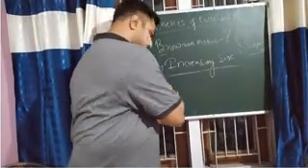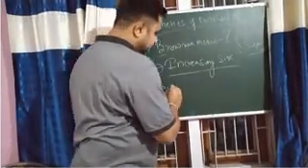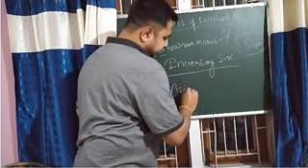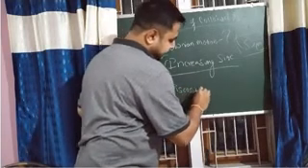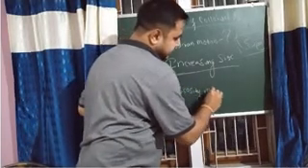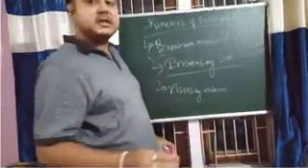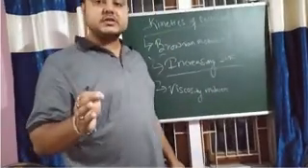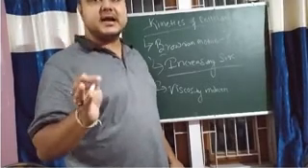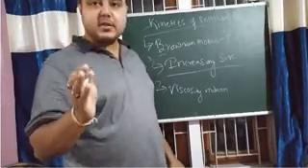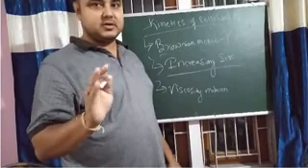Or apart from that, we can use any viscosity inducer. If we add any viscosity inducer to the dispersion medium, it will hinder the random movement of the particles. Got it?